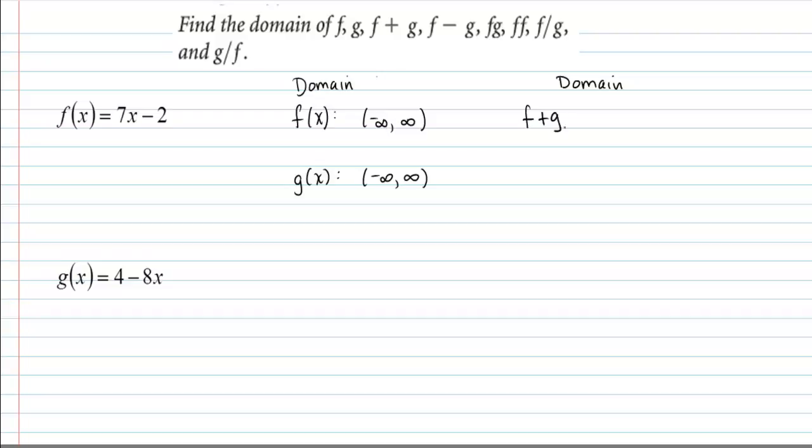Since both domains f and g are all real numbers, then we can say that their overlap will also still be all real numbers. F minus g and f times g, along with f times f, should all give you the same domain of negative infinity to infinity.